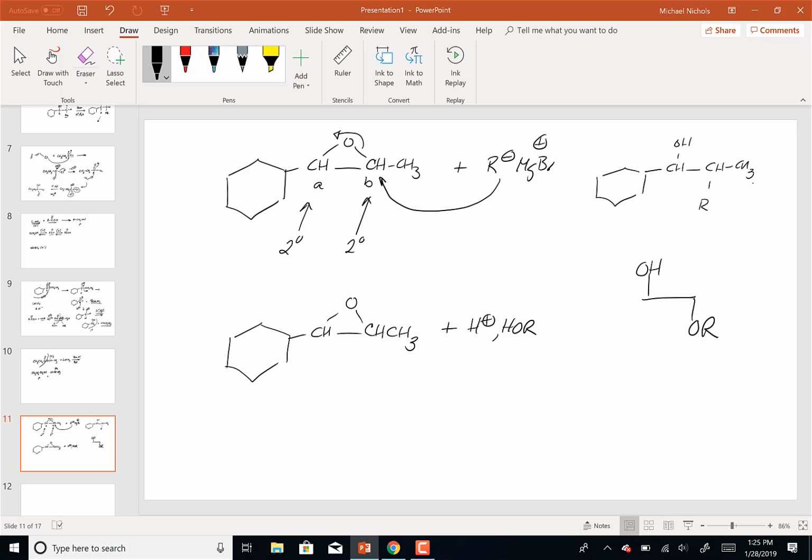So is it going to look like this, or like that? In other words, of carbon A and B, where's the OR group going to end up? On A or on B?